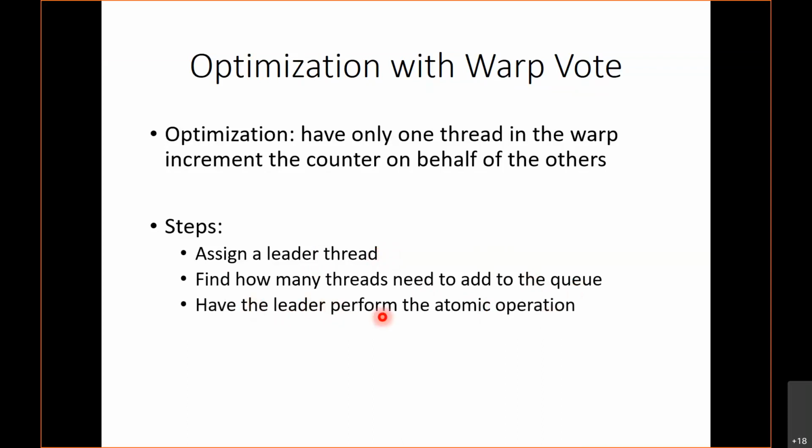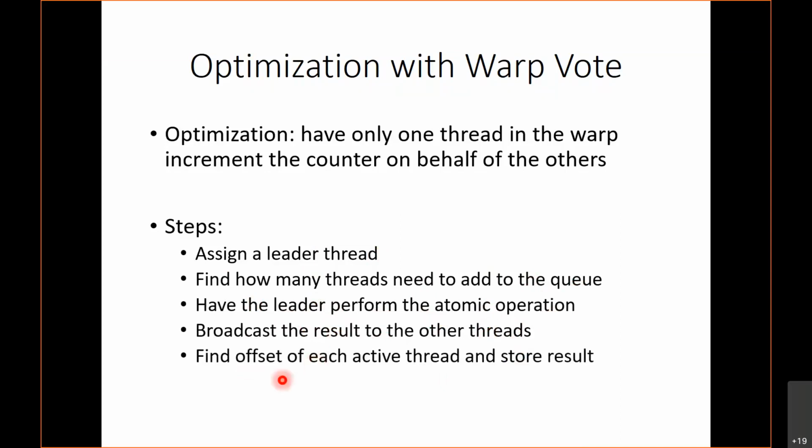Once the leader thread reserves that space, it's going to broadcast its result to all the other threads. Then each thread is going to figure out its offset for its own result from the location that the leader thread reserved, and it's going to store that result. Okay, is this sequence of steps clear? I'm going to show you how we're going to implement each of these using the warp vote functions, but is this clear?